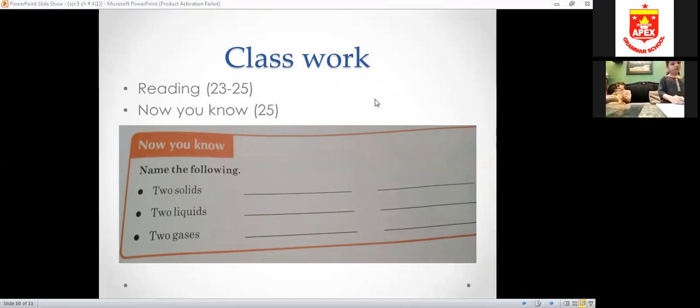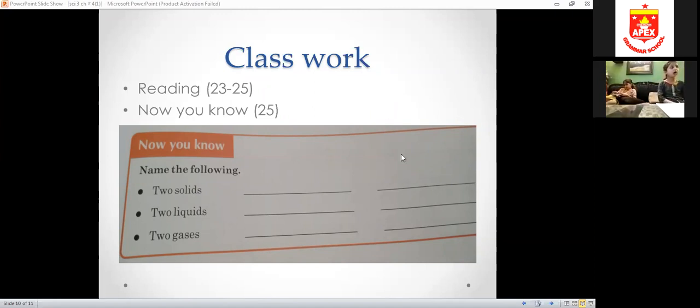So you can open page number 25 where the Now You Know is there. This picture is visible on your screens. Name the following: first, two solids, then two liquids and two gases. I will explain the example so you can write it on your own. So first one is two solids.